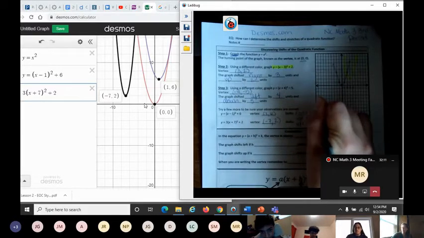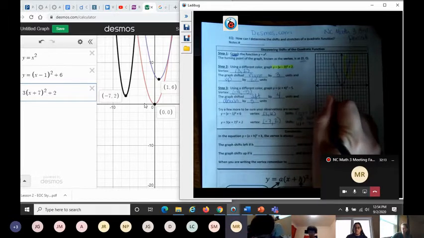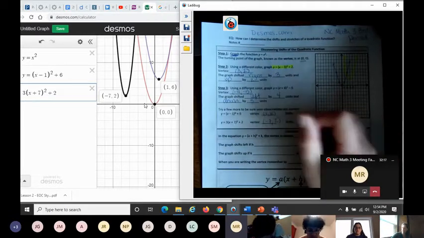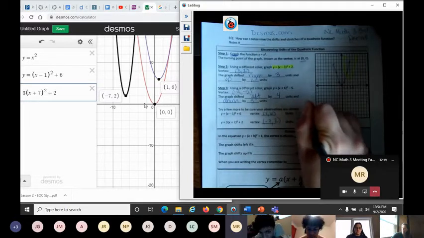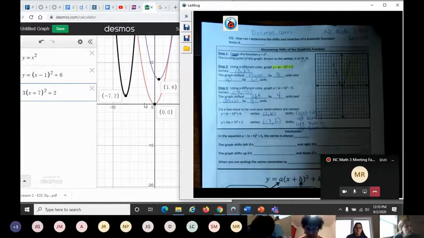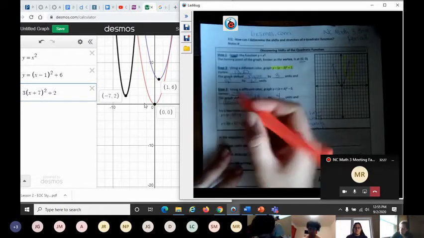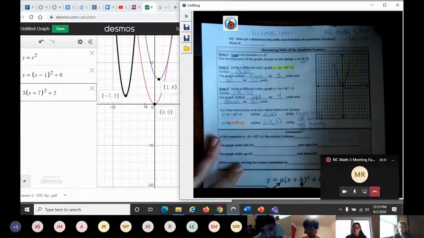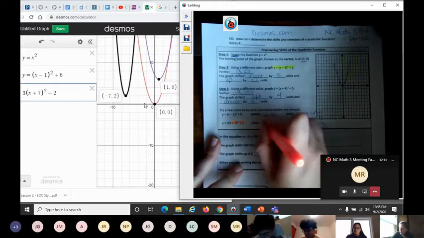And how far up? 2. Perfect. Up 2 units. Brilliant. Good job, Marquez.